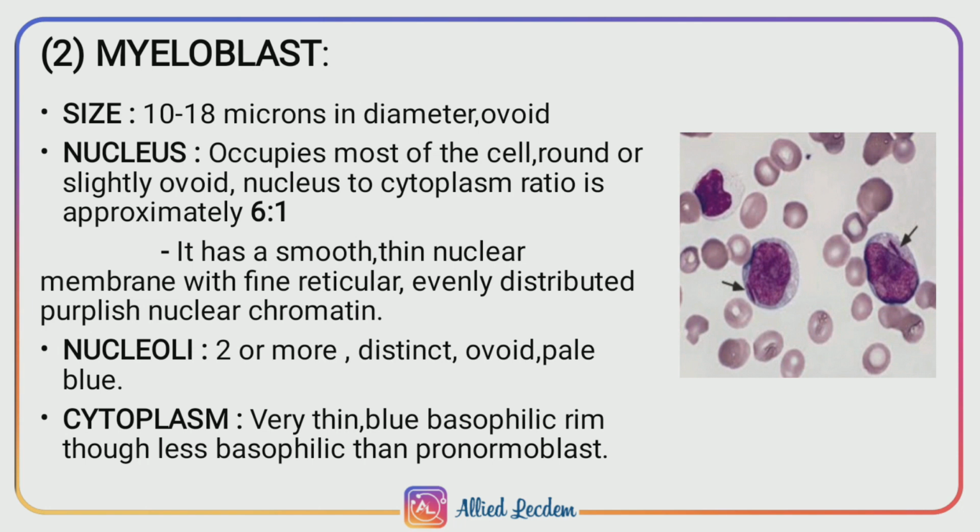Nucleoli present here are 2 or more and distinct, that is well defined, ovoid in shape and stain pale blue. Then cytoplasm. As the nucleus occupies most of the cell, the cytoplasm is very thin. As it is basophilic, it appears blue at the upper edge of the cell and less basophilic when compared to the pronormoblast.